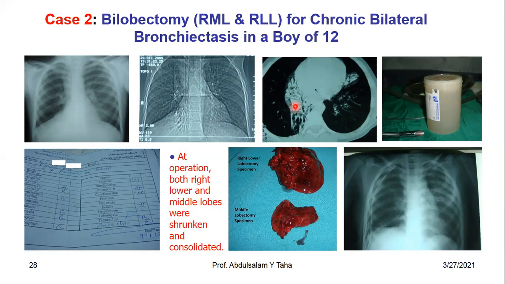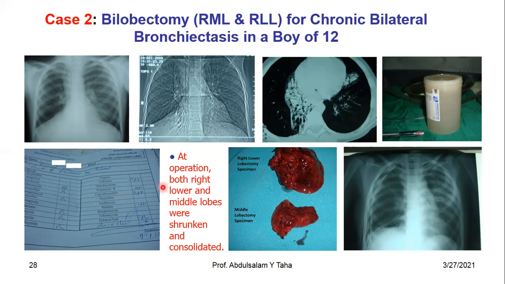Rigid bronchoscopy was performed twice, and as you can see, thick offensive pus was drained via the bronchoscope. A culture was obtained, and the patient was prescribed antibiotics accordingly.